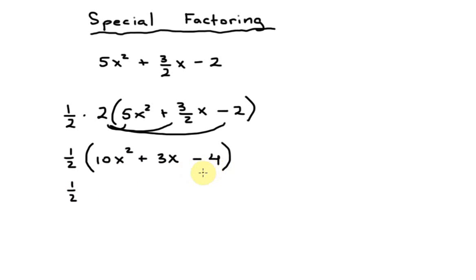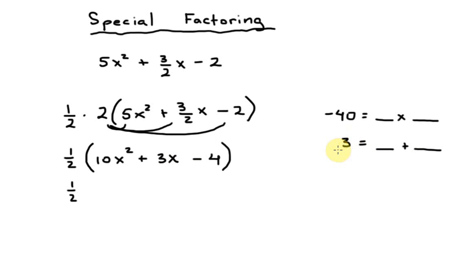And I can use whatever tricks of the trade are appropriate. So I think I'm going to have to use a magic numbers approach. 10 times negative 4 is negative 40. So I'm going to be looking for 2 factors of negative 40, and these same 2 factors have to add up to make this middle number of positive 3.